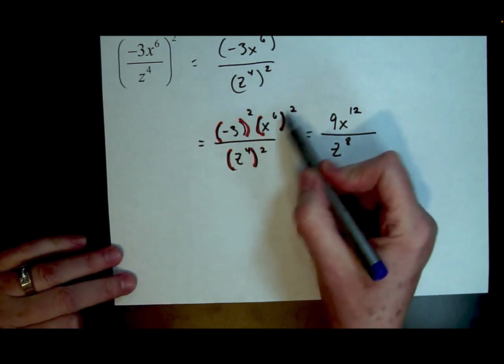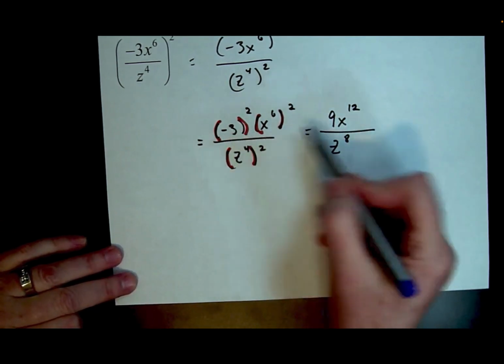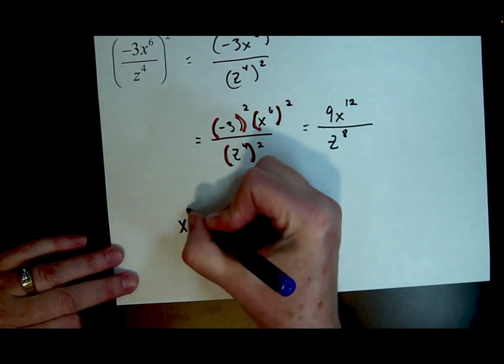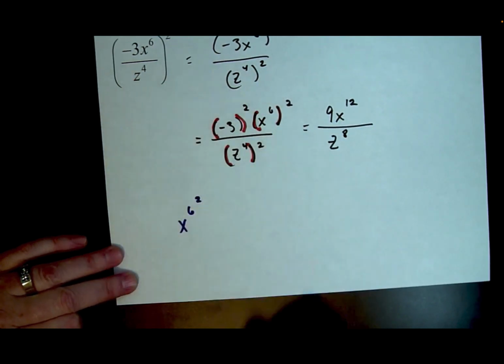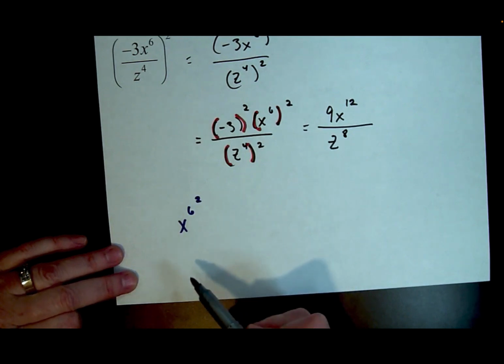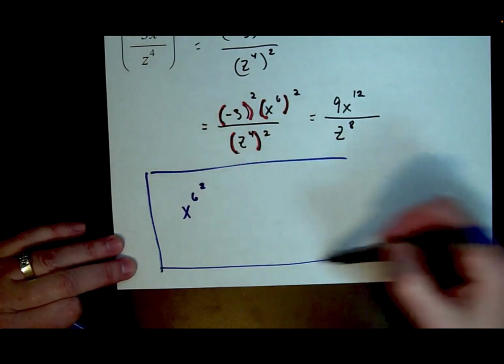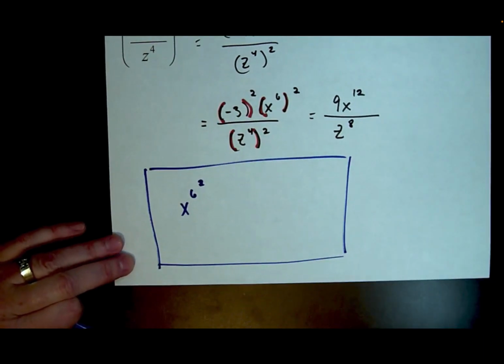And I just want to quickly give an explanation. We've already talked about needing the parentheses around the negative 3. Why do I need parentheses around my x to the 6th? Well, it's just been agreed by all the math people in the world, and someone decided this at some point in history.